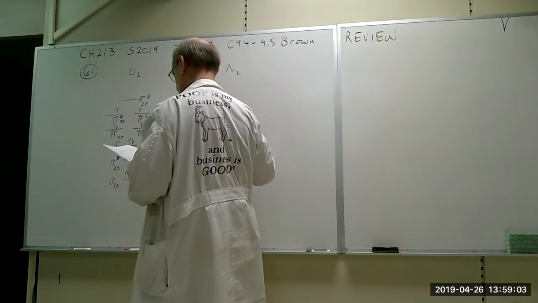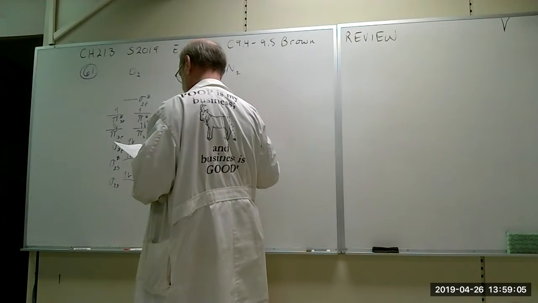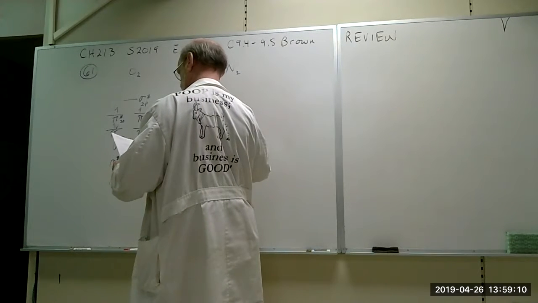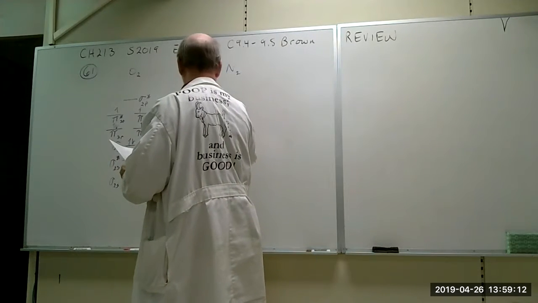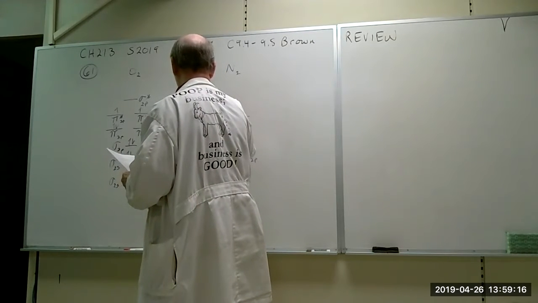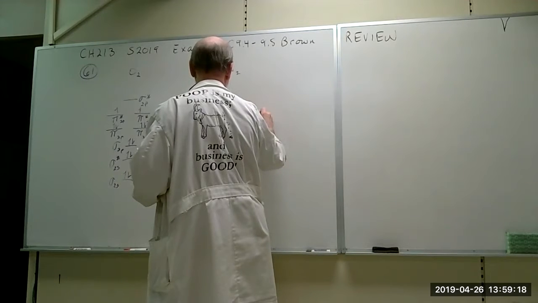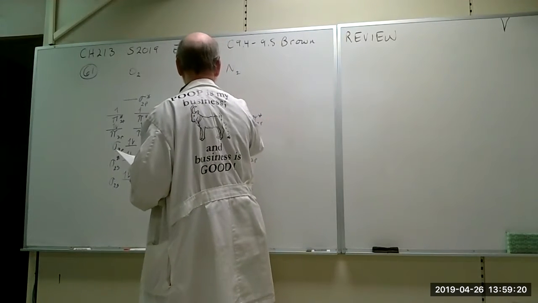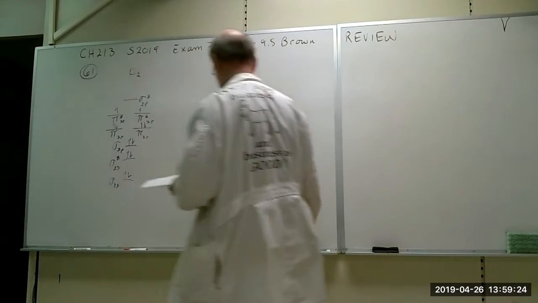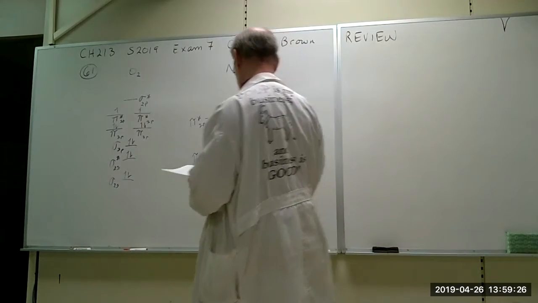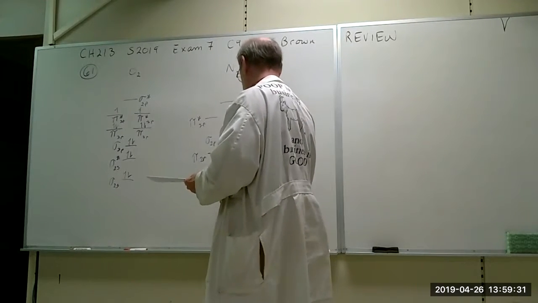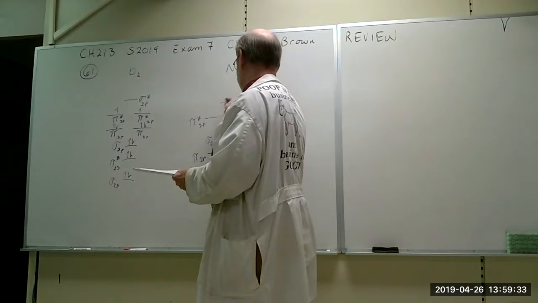Then we have pi stars from the 2p. Then we have sigma stars from the 2p. Okay. So got this one. There we go.